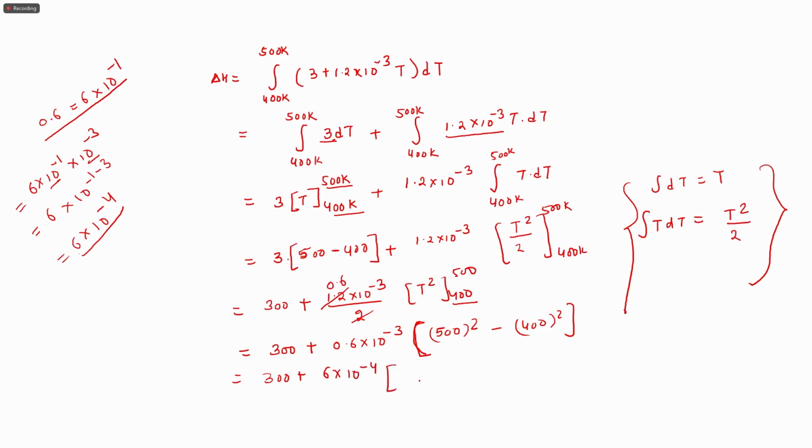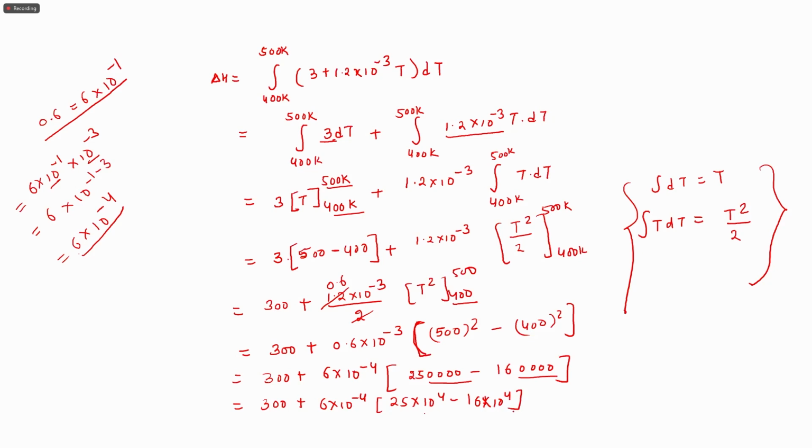Now 500 square is nothing but 25,000 minus 400 square will be this much. This we can write as 10 to the power 4. So it will become 300 plus 6 into 10 to the power minus 4, 25 into 10 to the power 4 minus 16 into 10 to the power 4.